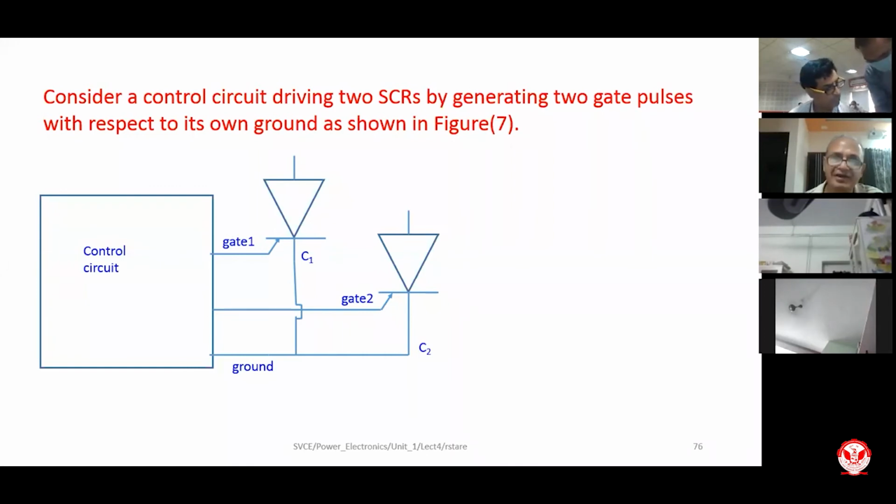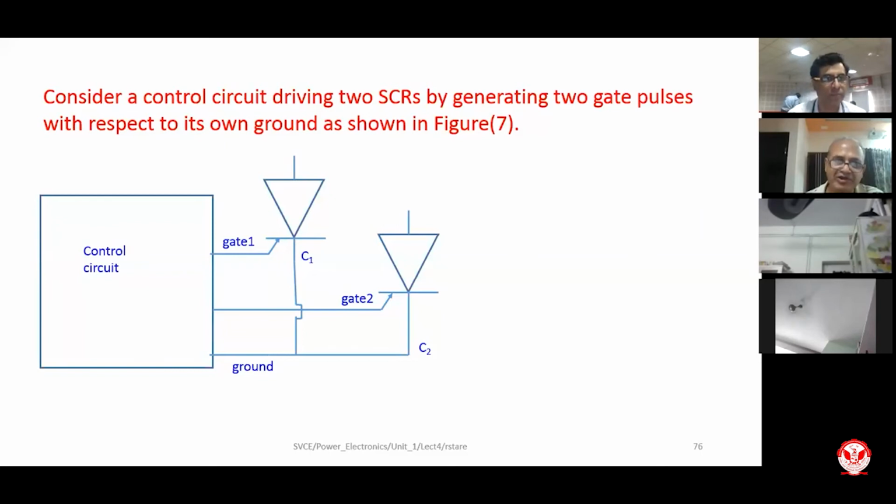SCRs are on the upper limb of the converter. Similarly, when we consider an IGBT bridge, the emitters of the IGBTs on the upper limb of the converter are at different potential. So if I connect my control circuit this way, there will be a dead short circuit in the power circuit through this common ground of the control circuit.